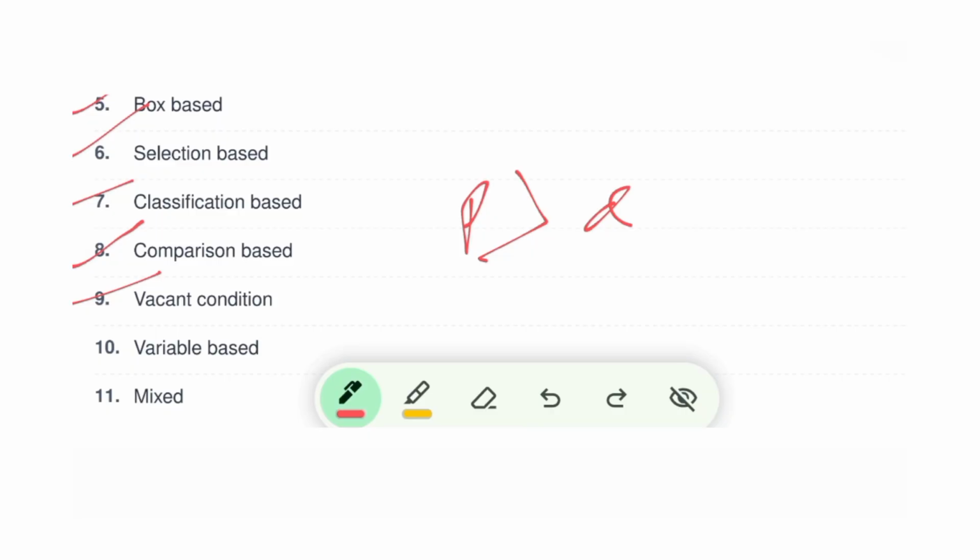It's a subtype, but it can be included in other types, like they can ask about box space, but there is a vacant box. The next is variable based, a puzzle with one variable, or there can be multiple variables, like two or three. Then any two types can be mixed. That is called a mixed type of puzzle.